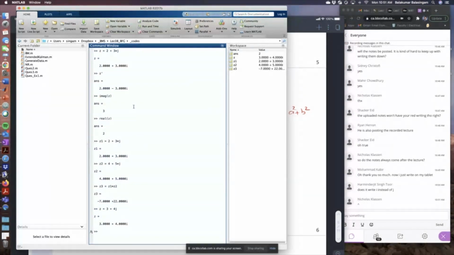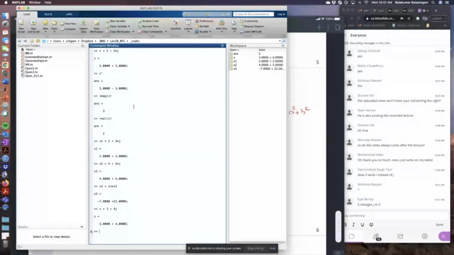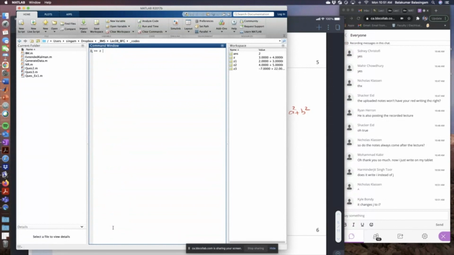So you'll be doing a lot of MATLAB. If you go to the lab section, there is a whole introduction to MATLAB, and the lab is based on that. Even if the question says 3 plus 4j, MATLAB changes it to i.